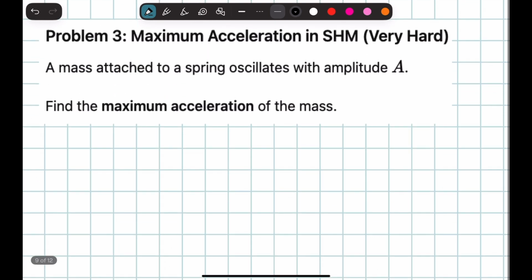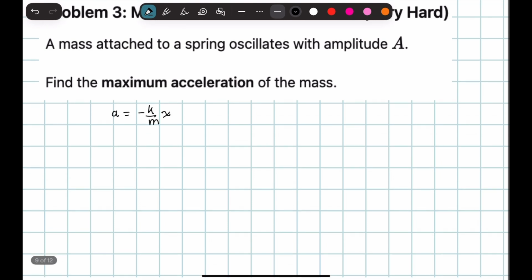A mass attached to a spring oscillates with amplitude A. Find the maximum acceleration of the mass. So we can use the acceleration equation, which is a is equal to negative k over m times x. And we know that the max acceleration occurs at the max displacement.